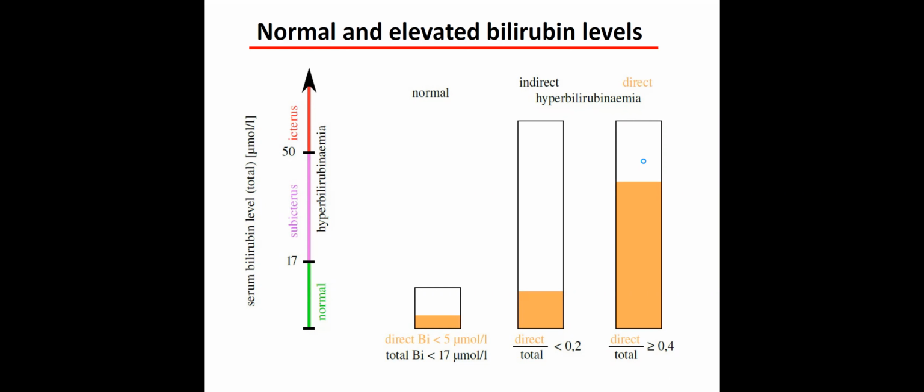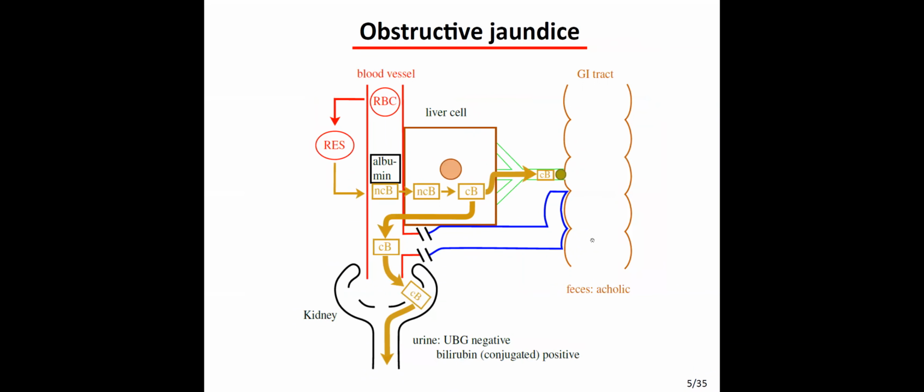If we do have a posthepatic problem, that is mostly associated with a direct hyperbilirubinemia, because the problem occurs after the conjugation. The hepatic problem can be either indirect or direct, or another one, called mixed hyperbilirubinemia, when the direct over the total is between 20% and 40%.